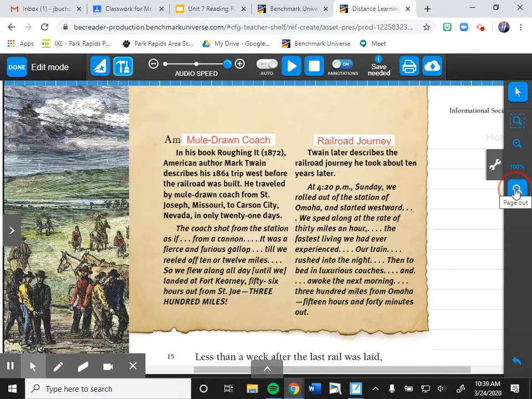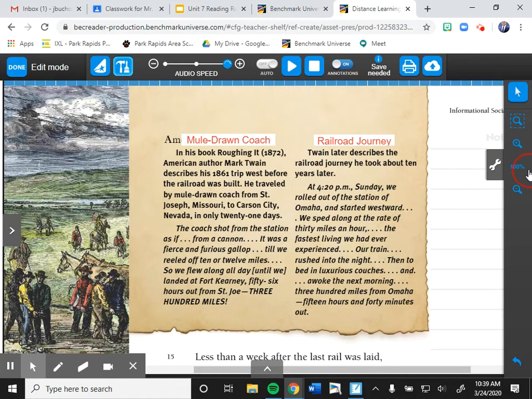He traveled by mule-drawn coach from St. Joseph, Missouri to Carson City, Nevada, in only 21 days. The coach shot from the station as if from a cannon. It was a fierce and furious gallop, till we reeled off 10 or 12 miles. We flew along all day until we landed at Fort Kearny, 56 hours out from St. Joe. 300 miles.